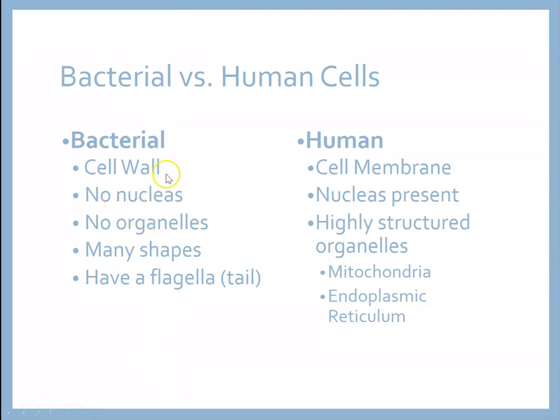We know that bacteria have a cell wall, no nucleus, no organelles. They come in many different shapes. Remember cocci or bacilli. They have a tail, whereas human cells are much more highly organized. There's a cell membrane, a nucleus, and highly structured organelles. They're different, and that's why antibiotics don't kill our human cells.